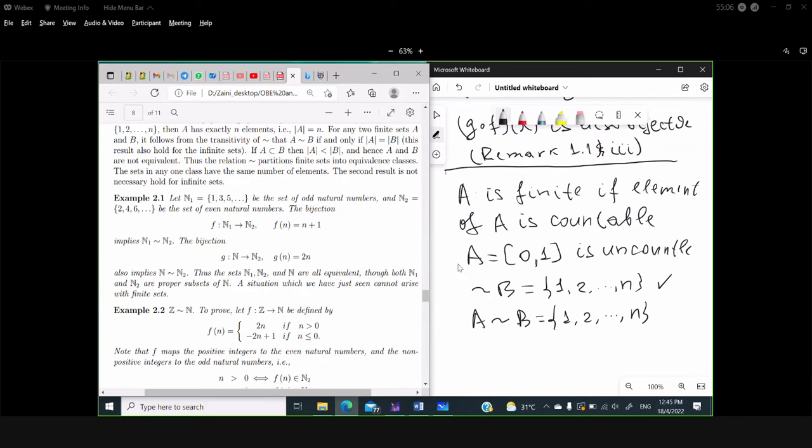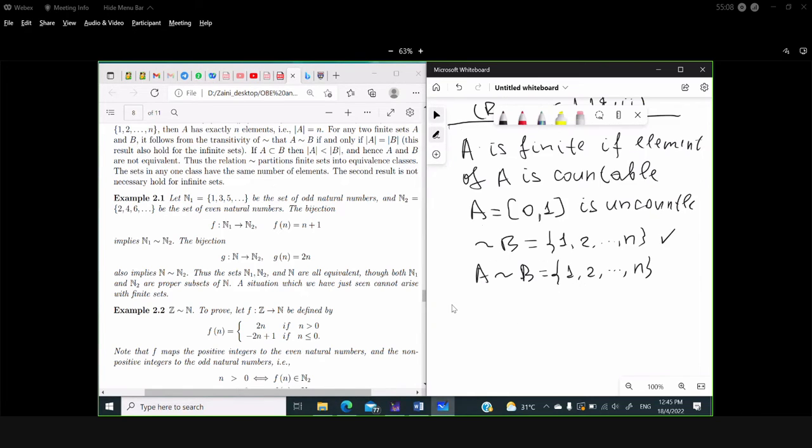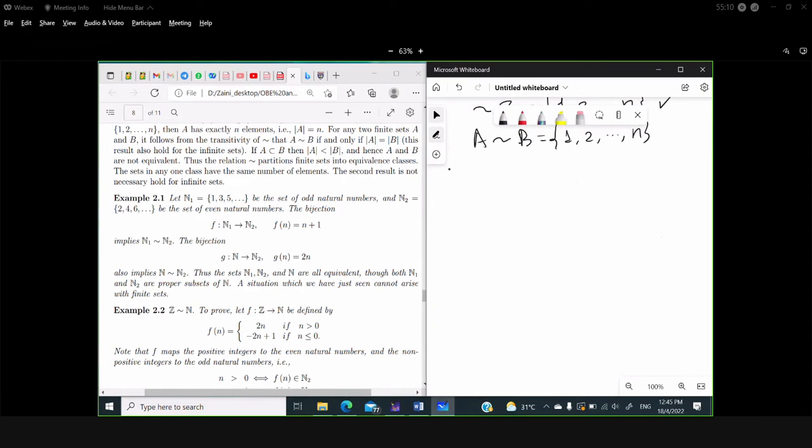Very interesting point, please pay attention. In this example, set A is the set of odd numbers 1, 3, 5, and so on, and the second one is the even numbers 2, 4, 6, and so on.